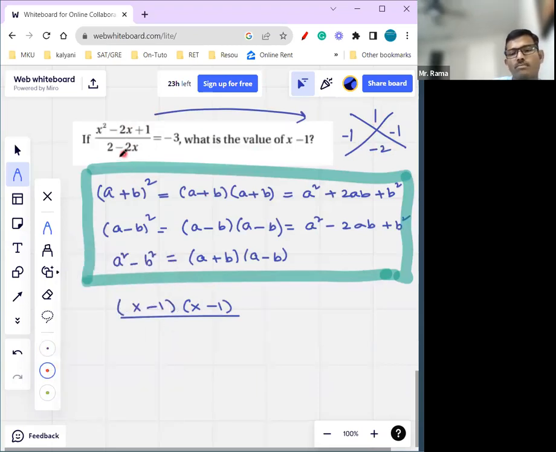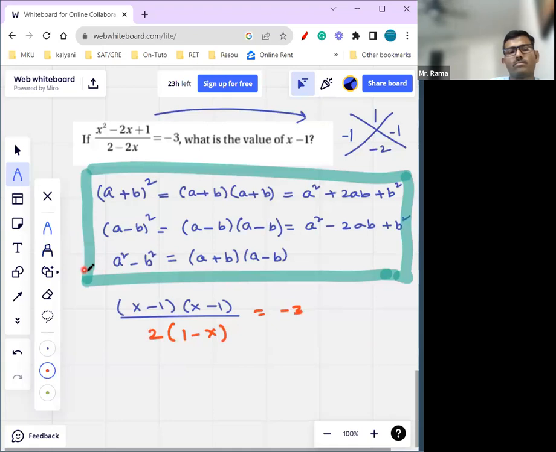Next, in the bottom, I'll factor out the 2. If I factor out the 2, I get 1 minus x over 3. But since this is x minus 1 and this is 1 minus x, they're not the same.